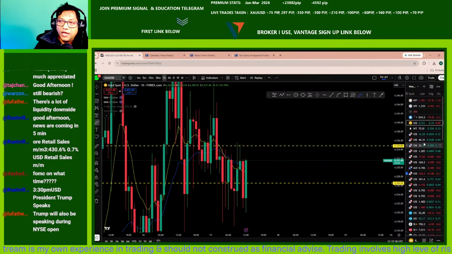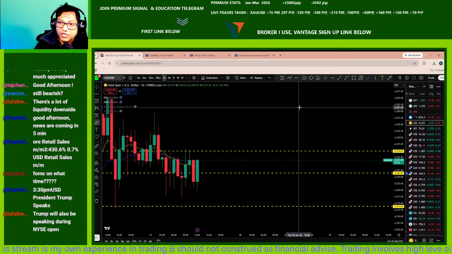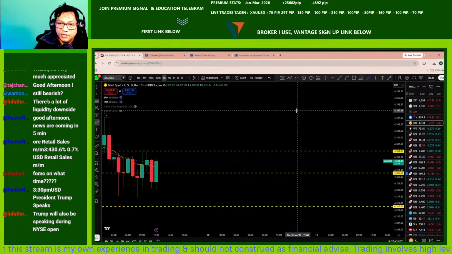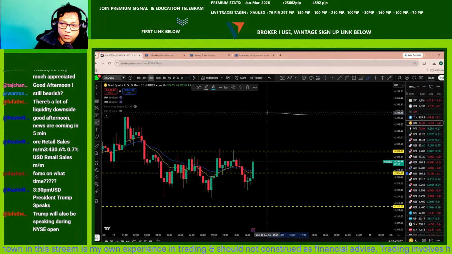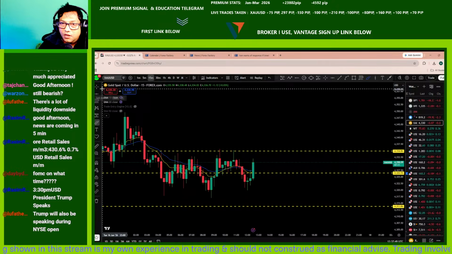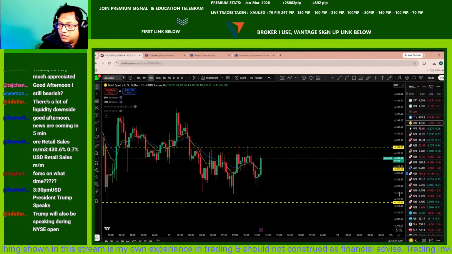But for us to be able to enter, we want to see that it has created a significant false breakout. That means it grabs the liquidity from one area, and that's what we will be able to see the market move on.